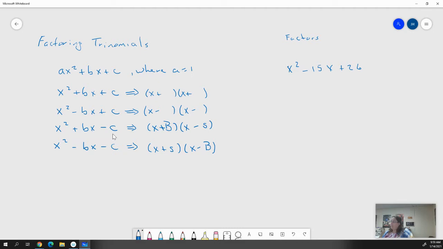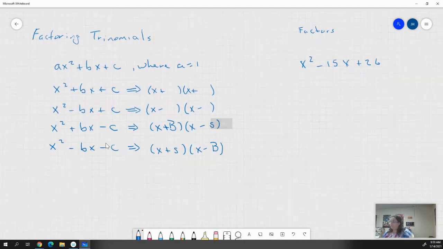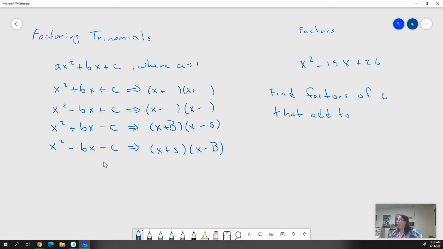I'm going to find the factors of my c value that add to b.